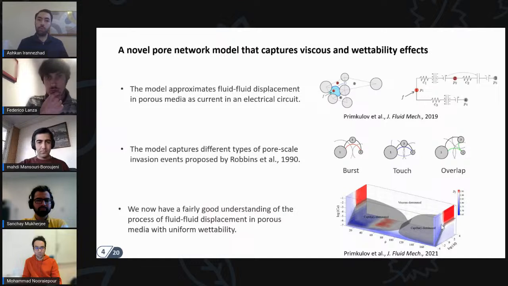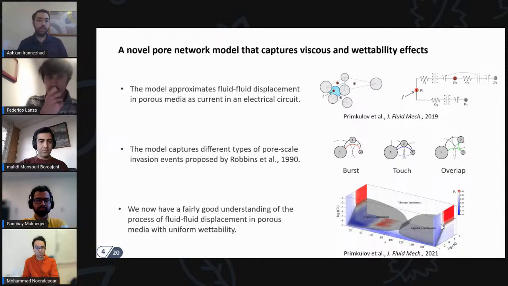Recently, a novel pore network model was introduced by Primakolov et al. that approximates the fluid-fluid displacement in porous media as current in an electrical circuit, and it is able to capture both viscous and wettability effects. For the wettability effects, this model captures different types of pore scale invasion events, as first proposed by Cieplak and Robbins in the 90s.